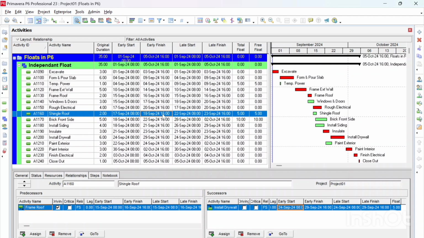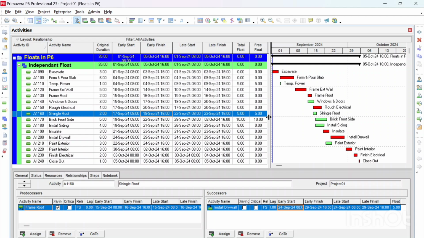That means if this activity was delayed by 5 days, it will still not affect the activity that comes after it. So that's free float. And of course, none of these types of float will give you a higher number than the total float. Total float has to be the biggest number or the biggest float on any activity. So now we have described two types of float.